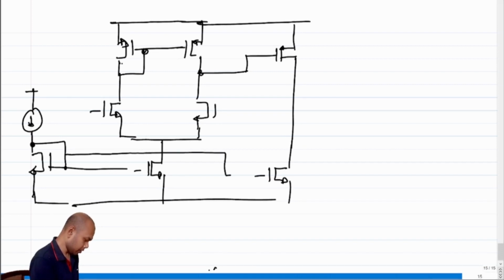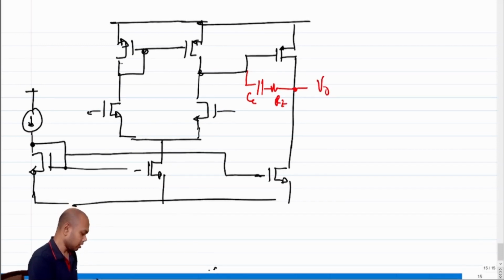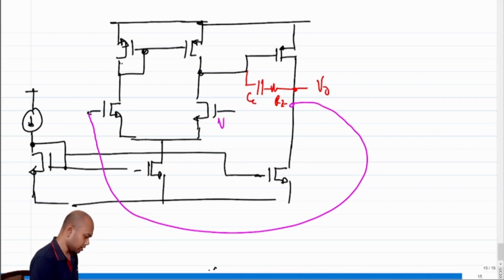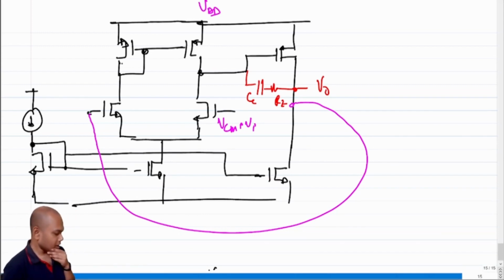So we had this, and then we have a CGD capacitance, but if the CGD capacitance is small, we can put an additional capacitance, let's call this CC, and put an RZ here, and this becomes V0. If we have to close the loop, all we have to do is connect this guy to V0, and this can be VCM plus VI. This becomes VDD, right?